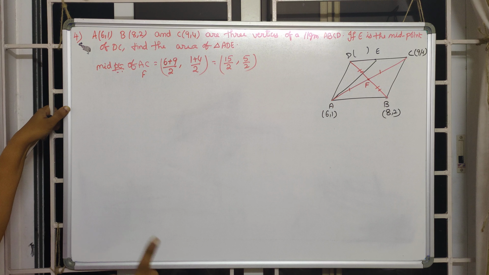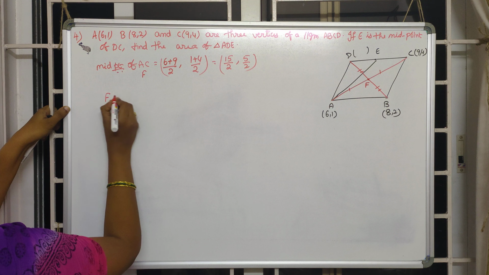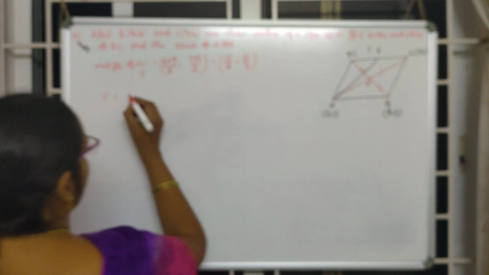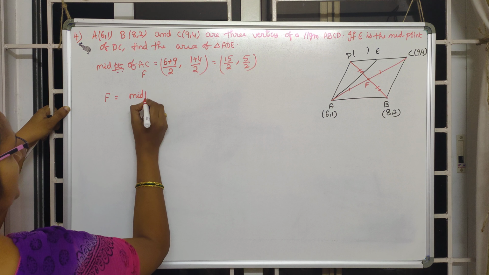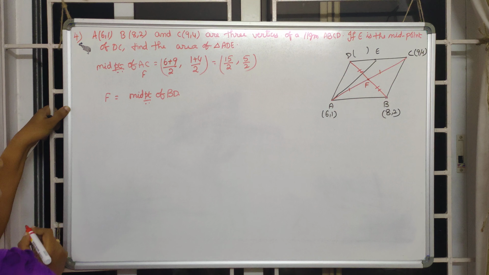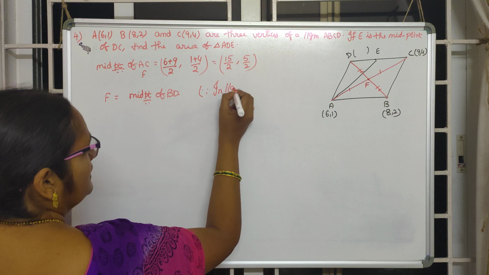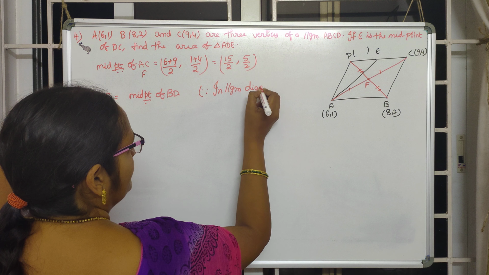The same F is the midpoint of BD also. Therefore, F equals the midpoint of BD, I am writing. Why? Because in a parallelogram, diagonals bisect each other.